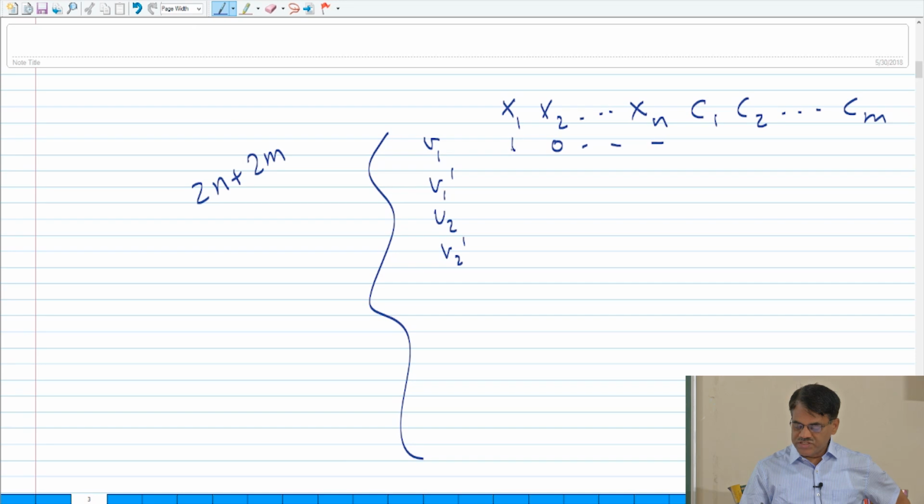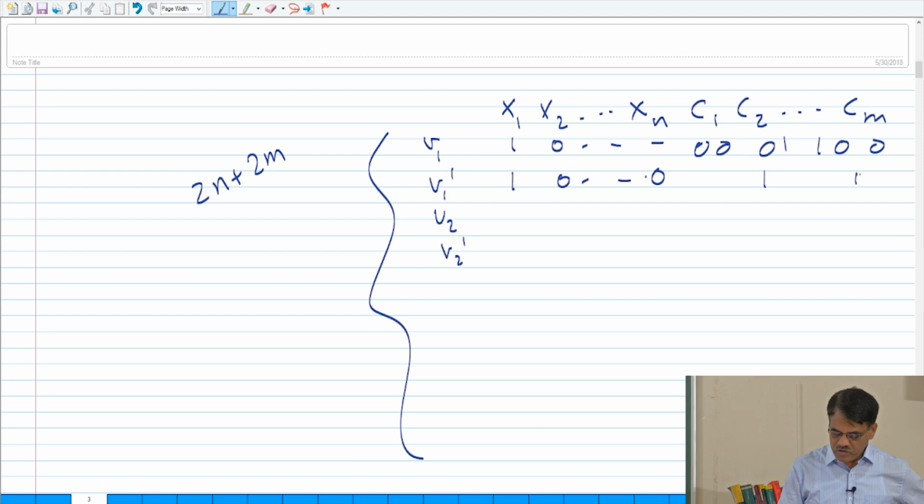At the x1th position I will have 1, and in whichever clauses x1 appears, I will have a 1 there, and otherwise it is a 0. Similarly for V1 prime, I will have 1 0 0 0 here, and in whichever clauses x1 bar appears, I will have a corresponding 1.